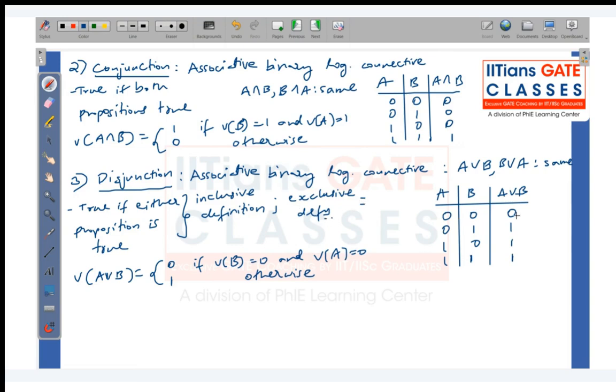What change would I have to make in the truth table? No one? You guys know or not?